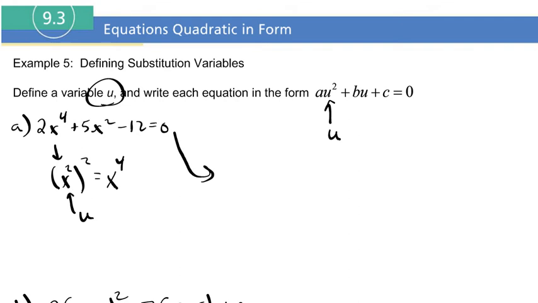So we can rewrite this now as 2u squared, because x to the power of 4 we can rewrite as u squared, since x squared is u.